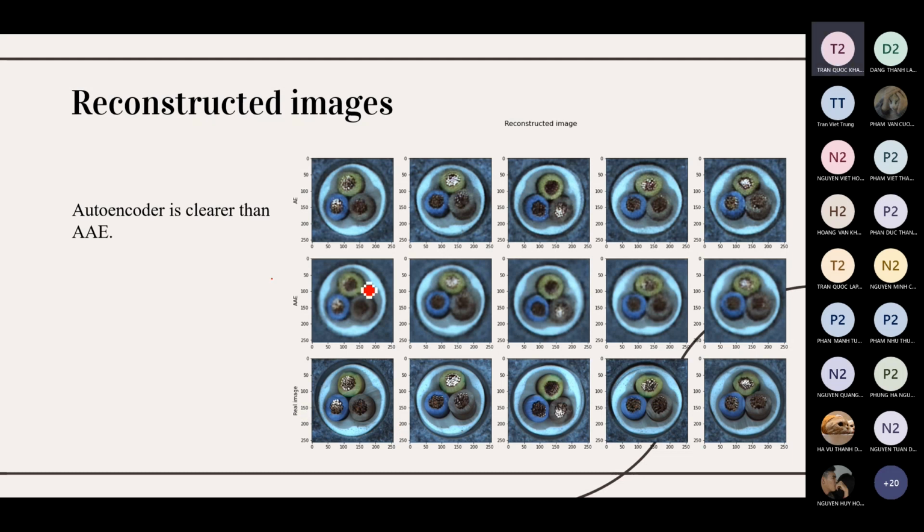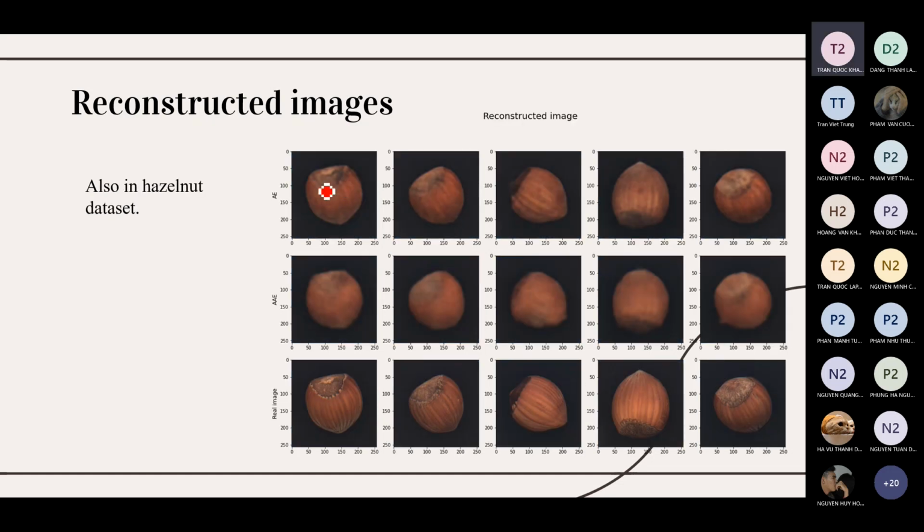And you can see the image generated by the autoencoder is clearer and of higher quality. And the same for the Hazelnut dataset. And we will use this reconstructed image to detect whether the image is an anomaly or not.